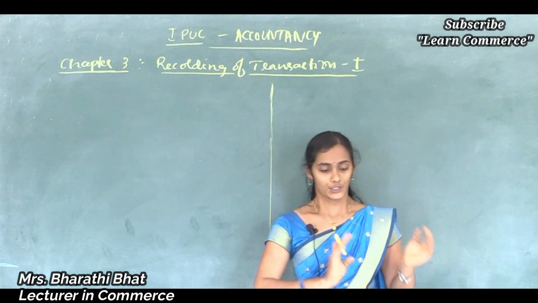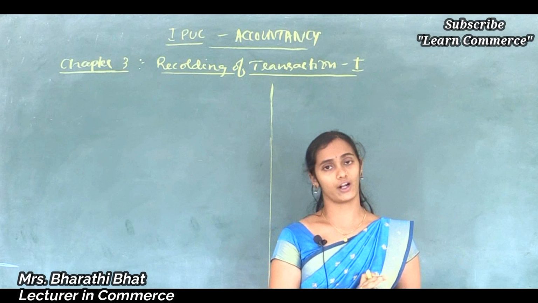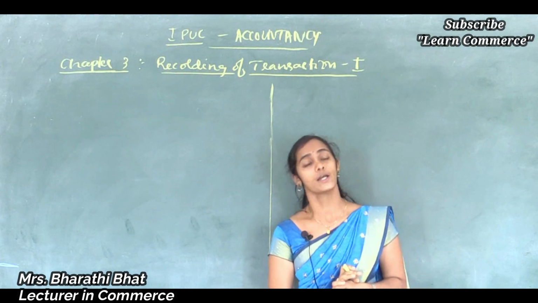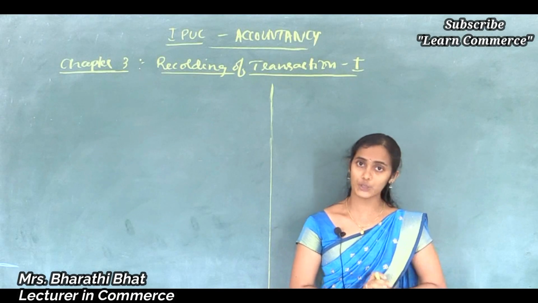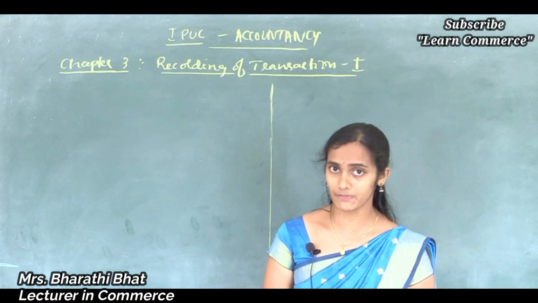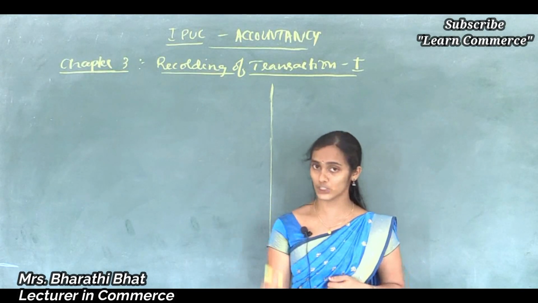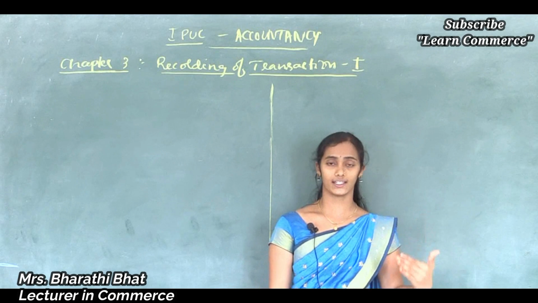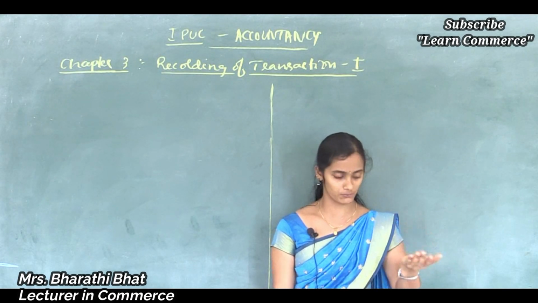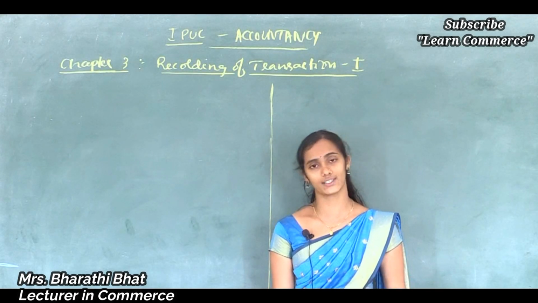To record the transaction in the books of accounts, we need proper source documents. Before that we need to identify the monetary transaction. After that we should measure that transaction. On what base can we measure the transaction, on what source can we record the transaction?